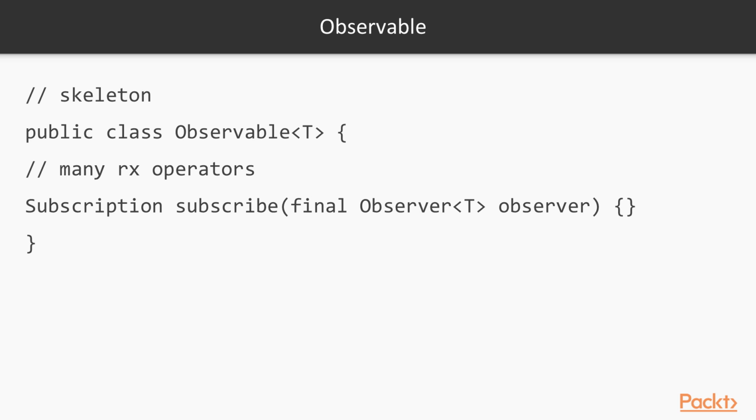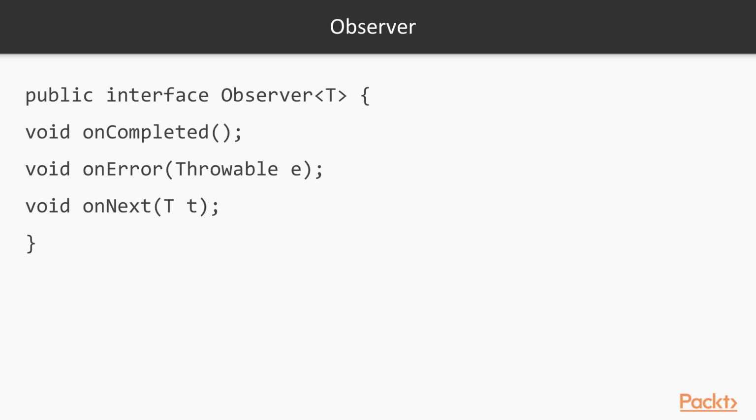The second type is the observer, which subscribes to an observable. An observer subscribes to an observable and gets notified of next, error, and completion events. This is the primary reason why threads are not blocked in reactive programming. onNext: the observable calls this method whenever it emits an item.